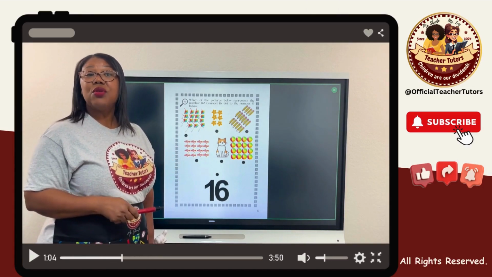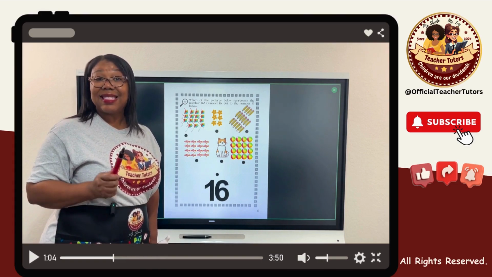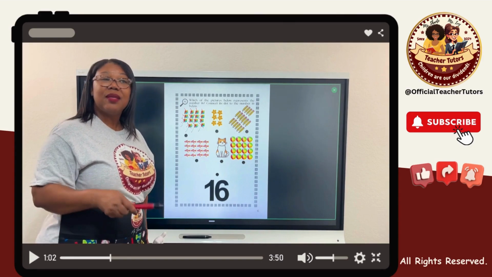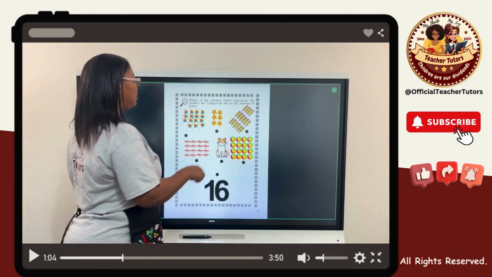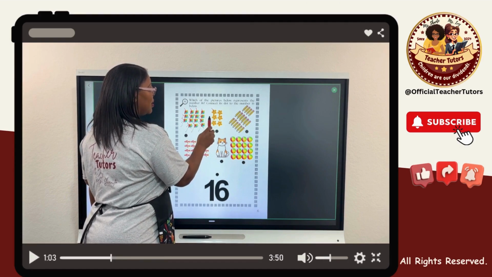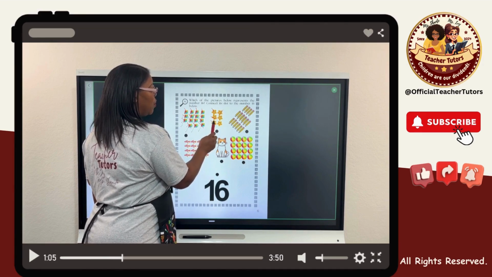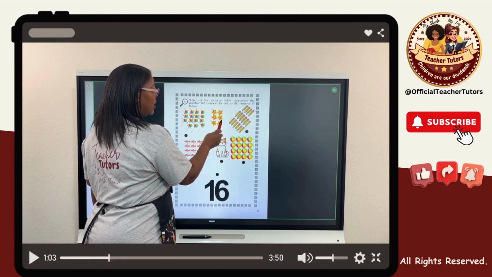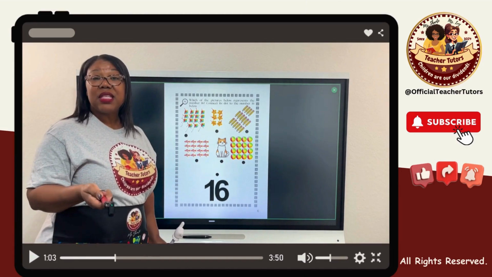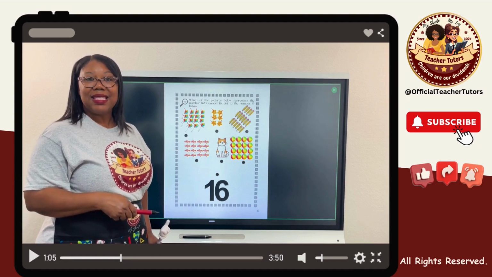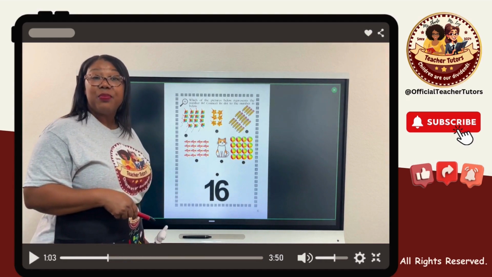We got so close, but we need the number 16. Are you counting with me? Come on, let's continue. 1, 2, 3, 4, 5, 6. We only have 6 flowers. We need 16. Let's go over here to these pencils.